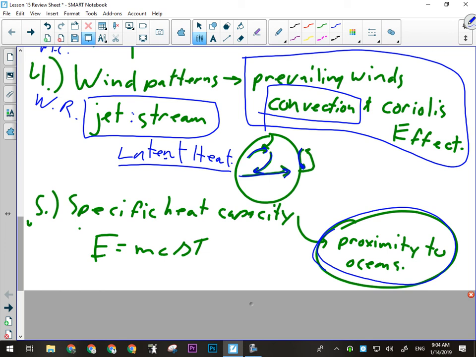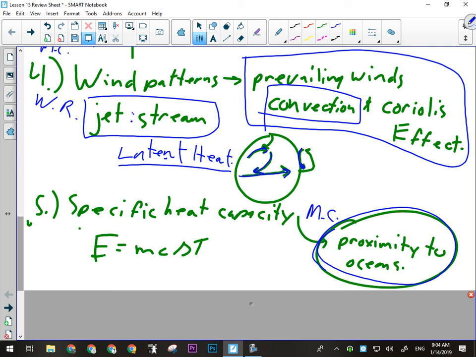That enables it to regulate the air temperature near it, which is why Victoria, which is basically the same latitude we are, is so much warmer than we are. It's closer to the ocean. The ocean can regulate temperature because it's made of water, which has a very high specific heat capacity. So there could be some multiple choice stuff, maybe about that.